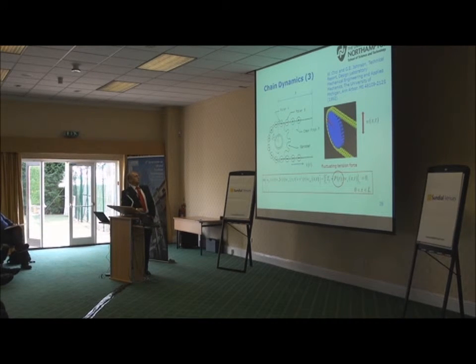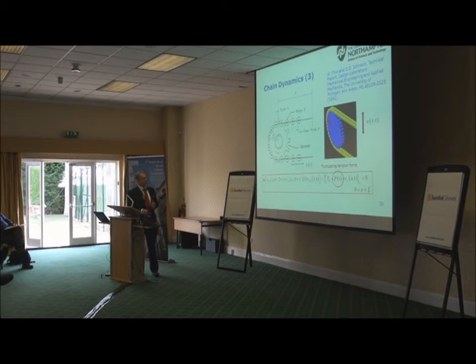Here's another model which we could apply now to analyze the chain dynamics in more detail. So we have a chain, it moves over the sprockets, and we have vertical vibration. This vibration can be described by mathematics.